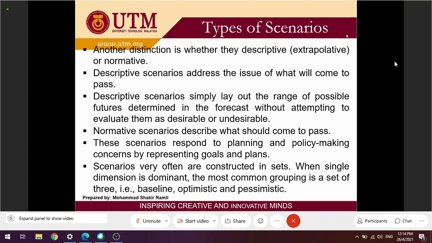Whereas normative scenario describes what should come to pass. These scenarios respond to planning and policy making concerns by representing goals and plans. So normative scenario also takes into consideration the action plan.